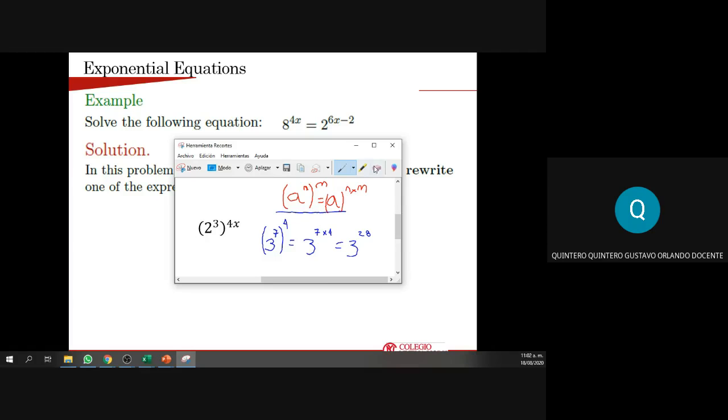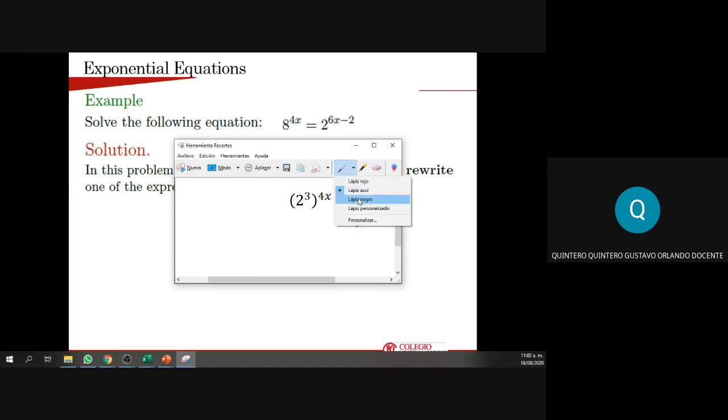So this is exactly what we are doing in here. 2 to the 3 times 4x. So what we have here is 2, and then the exponents are going to be multiplied. So 3 times 4x. This is the reason why we don't use x's for multiplication, because we have x in mathematics, right?